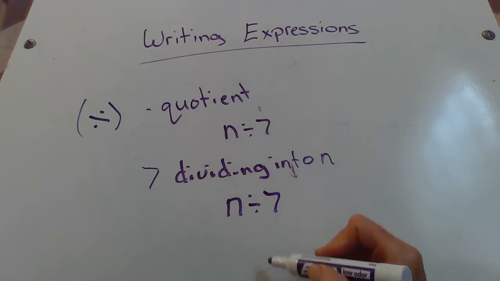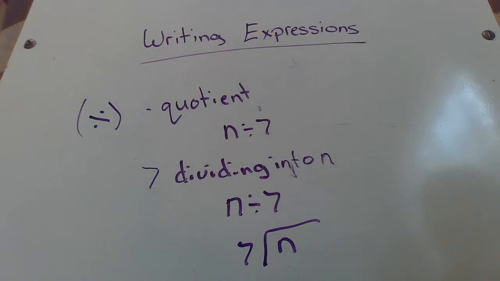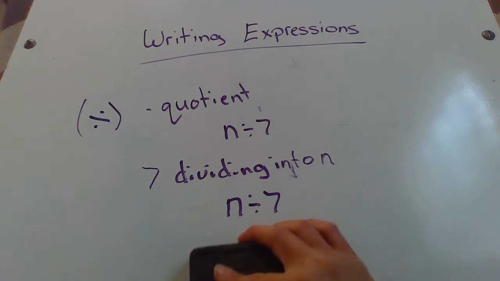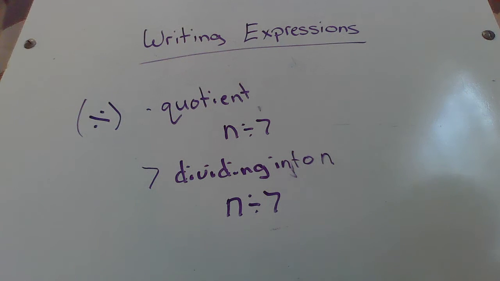If I were to do long division, it would look like this, n divided by 7. We just don't write expressions using the bracket. We use the division sign instead of the bracket. So take your time with these and think them through for reteaching 2-1. Writing expressions, make sure you look for those keywords, circle, underline those keywords, and then think about what it is they're asking you to do.